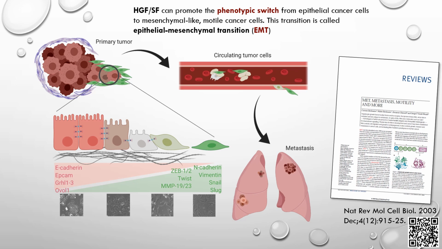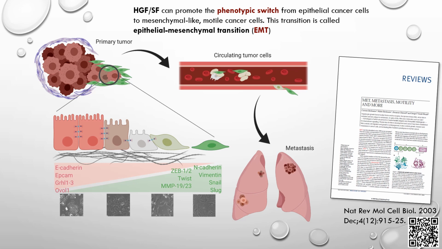We again see that due to several growth factors and environmental cues, the cells start to lose contact with their environment through the down-regulation of certain genes and the up-regulation of other genes, and therefore acquire this very motile phenotype, allowing them to move away to different locations where they re-establish a new tumor that attracts new blood vessels and starts to proliferate.